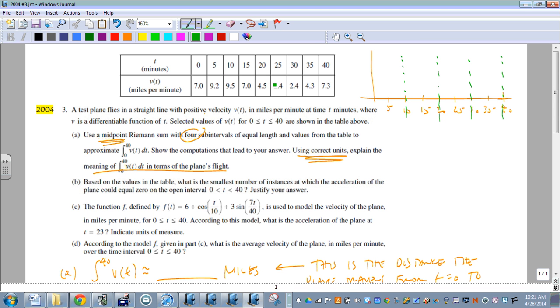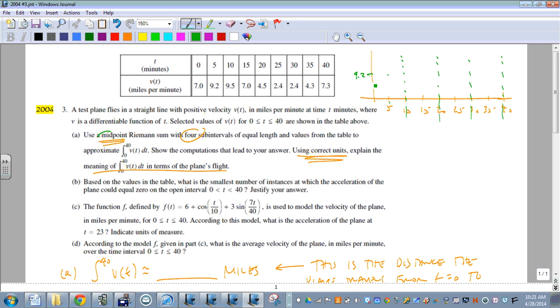Now we could go ahead and plot all of these points on this graph, but which ones are most important? Those ones, the midpoints, right? Since we're doing a midpoint Riemann sum, I don't really care what 0 is or 10 is. I care where it is when t is 5. So when t is 5, this is at 9.2.